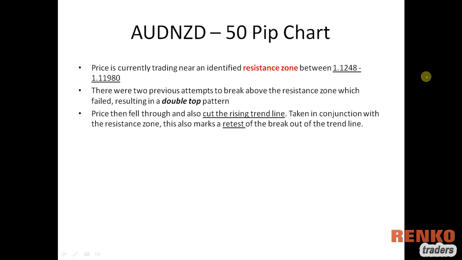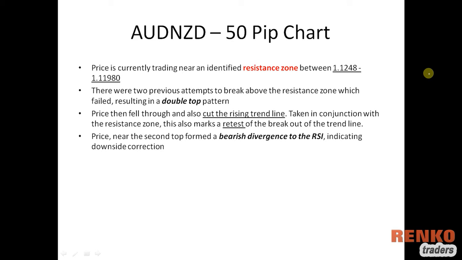We then noticed that the minor trend line was broken, the rising trend line, and if we view this alongside the resistance zone, it does point to the fact that the levels of 1.1248 and 1.1198 is actually a strong level of resistance.